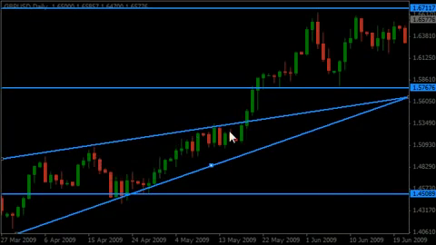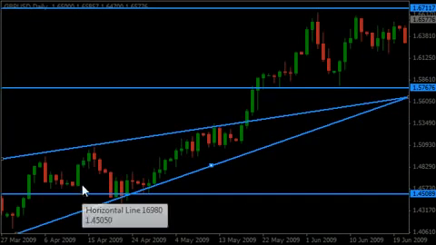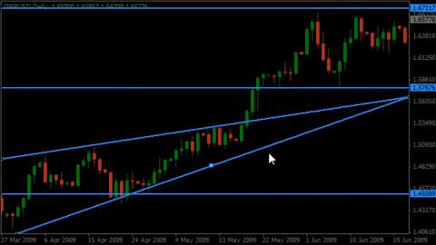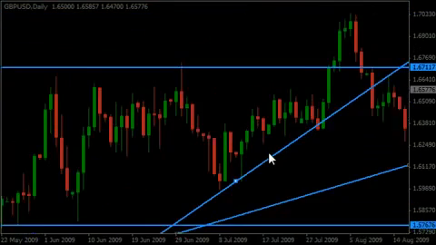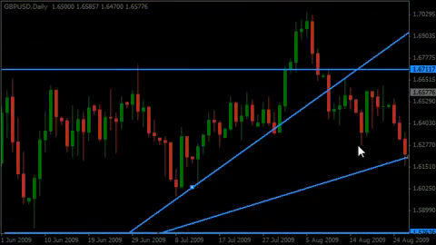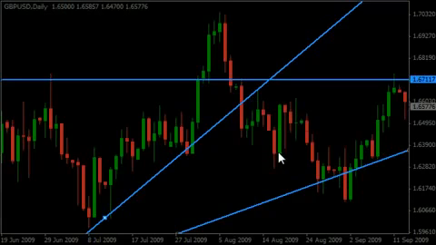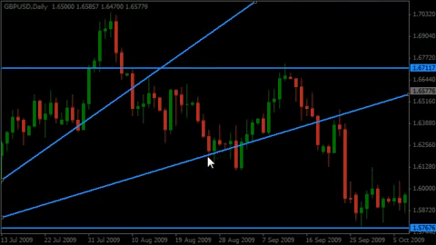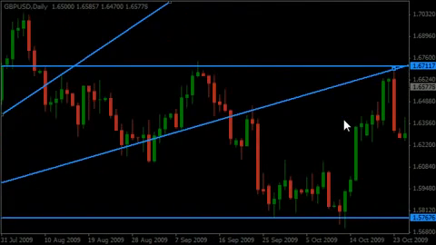So we've got support all the way through here, support through here, resistance through here, and out through here, support and support turning into resistance. We've had a try at breaking through this support, but it rejected off it, finally broke through, bounced off, and became resistance.